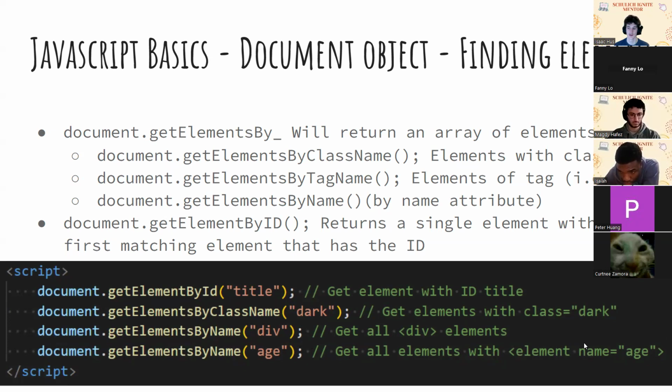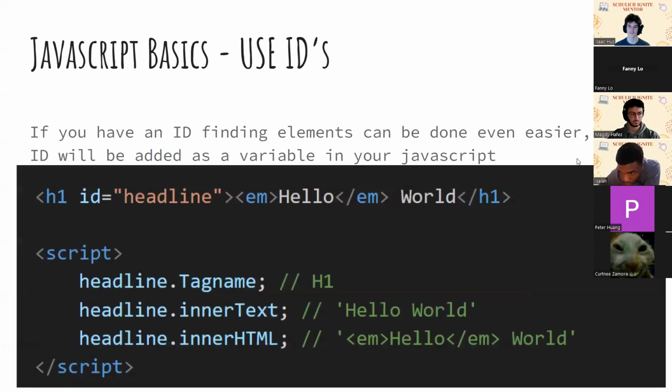So it's going to have name equals age. I've never used the name ones, both of these. Usually ID and class name are more common, but if you need to use them, they're there for you. Yeah, so headline, tag name. We can use the IDs as our variable names and just access them directly like this as well.